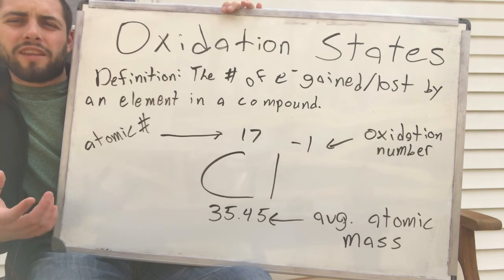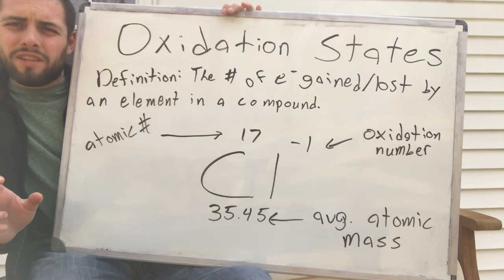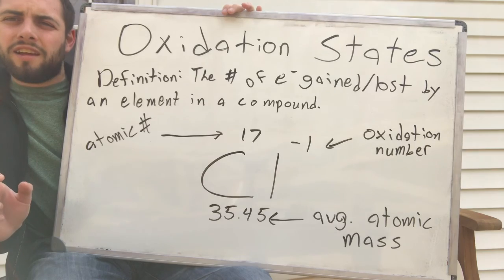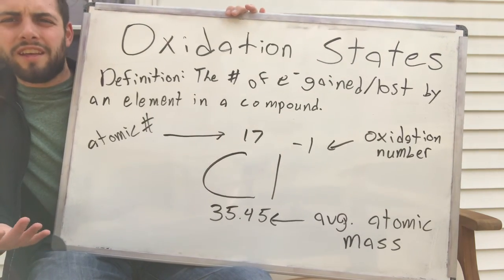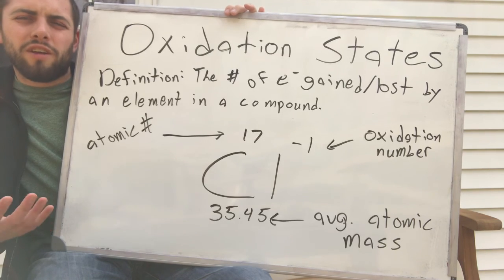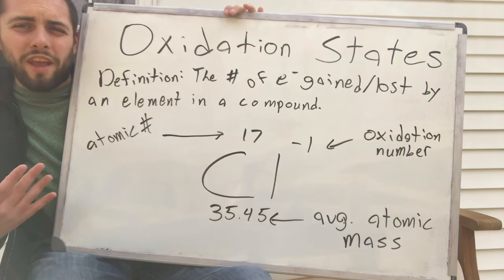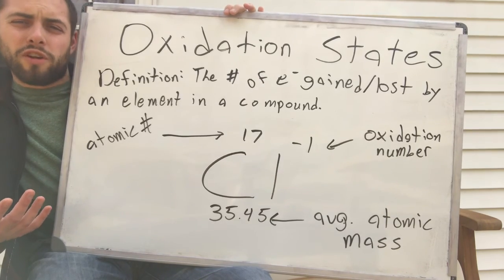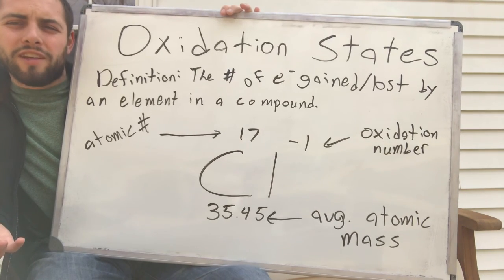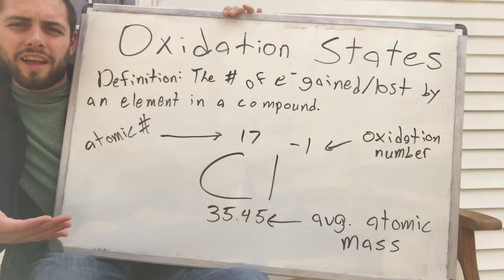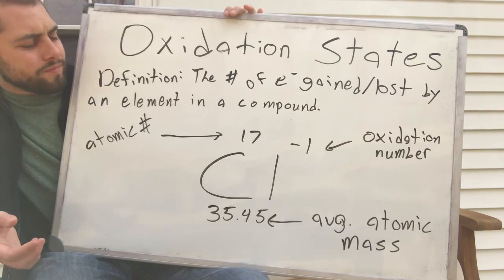So if we think about one atom, did that atom gain electrons to form this compound, or did it give up electrons in order to form this compound? We've learned that with ionic bonding, there's always a transfer of electrons in order to make the compounds. So all I'm looking to find out is, did this element gain electrons or did it lose electrons when it was making this compound?